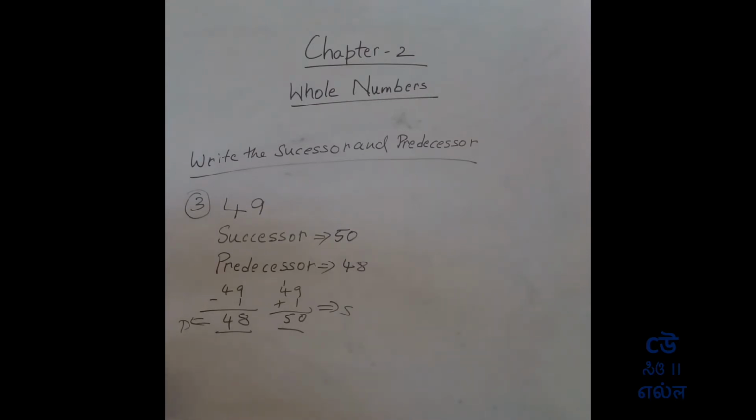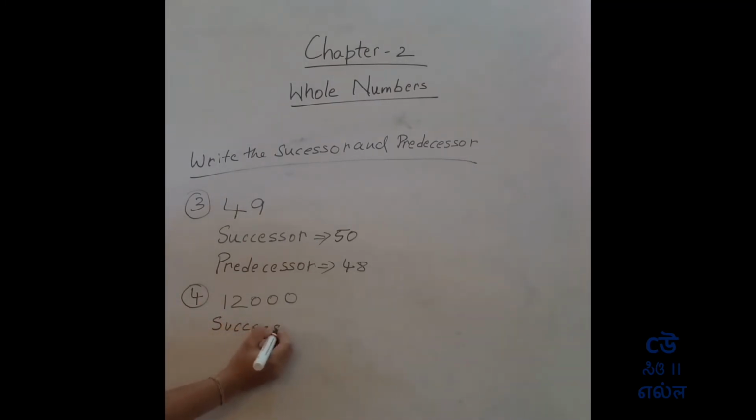Next problem, fourth problem. Fourth one, 1, 2, 0, 0, 0. That is 12,000. So successor of 12,000 is what, children?